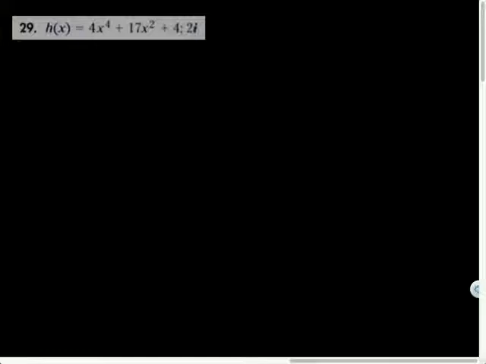It turns out step 1 is going to be to find a depressed polynomial that has that as one of its roots. If positive 2i is a root, then x minus 2i is a factor.